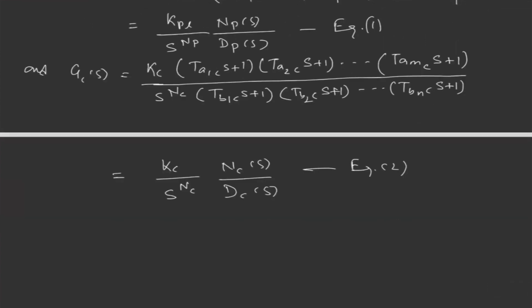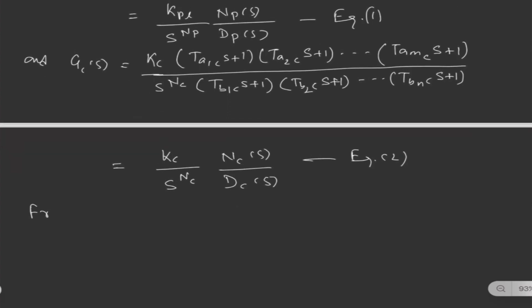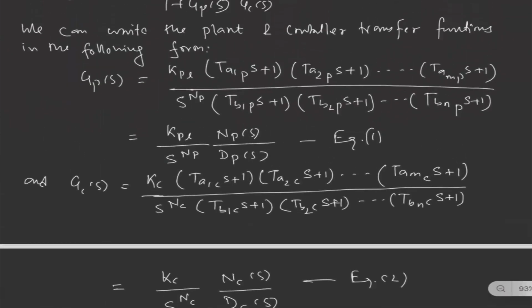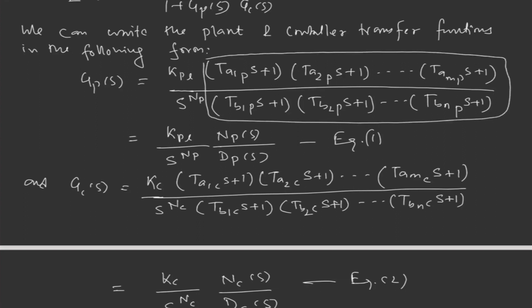It is easy to see from equations 1 and 2 that if you place s equal to 0 in equation 1, leaving s to the Np aside, then this term is going to be 1.